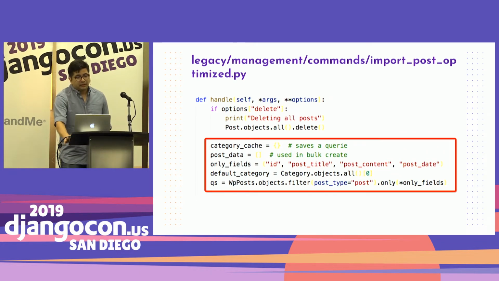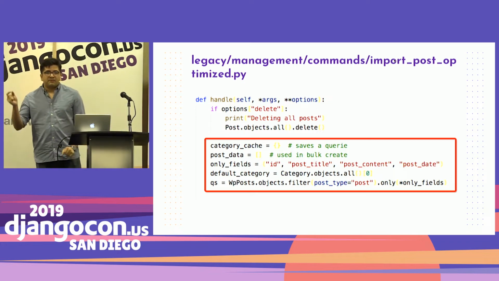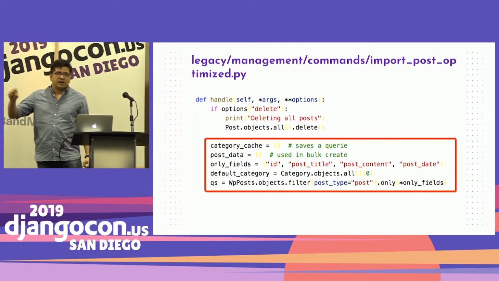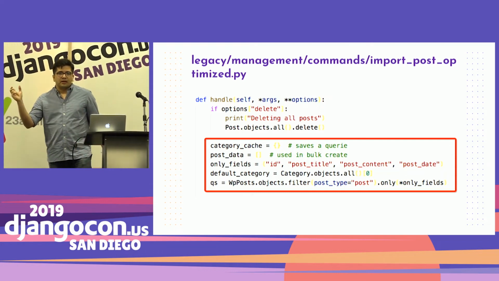So we have the optimized version of both commands. In this case, I have a dictionary called category cache that will save the ID of the category as a key, and the value of the dict will be the category object.